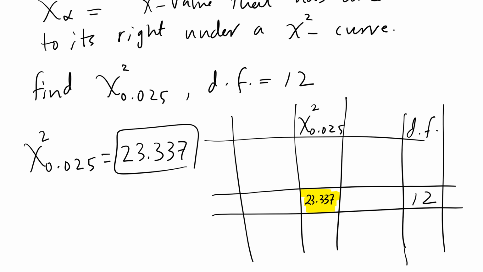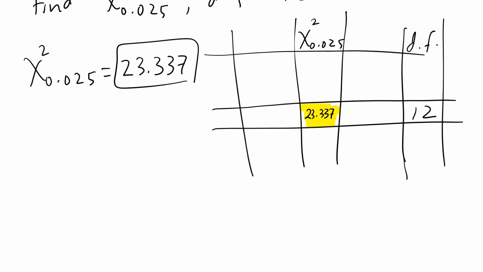The table always gives the area to the right side. If you want the area to the left, you do 1 minus the area you find to the right. All they do is change the degrees of freedom and the alpha value, which is always given in the first row.